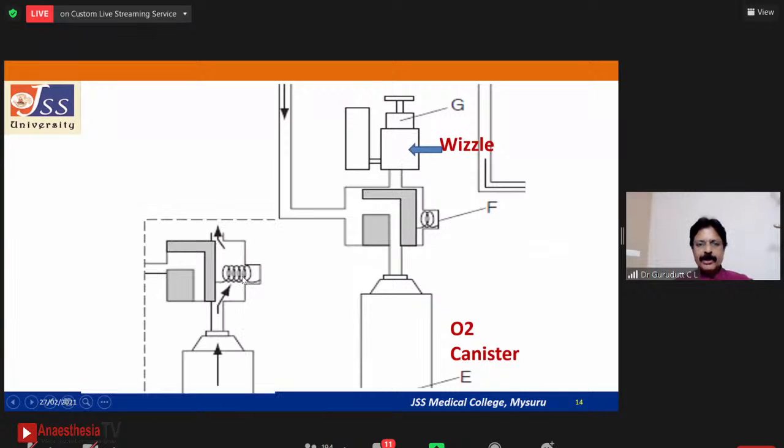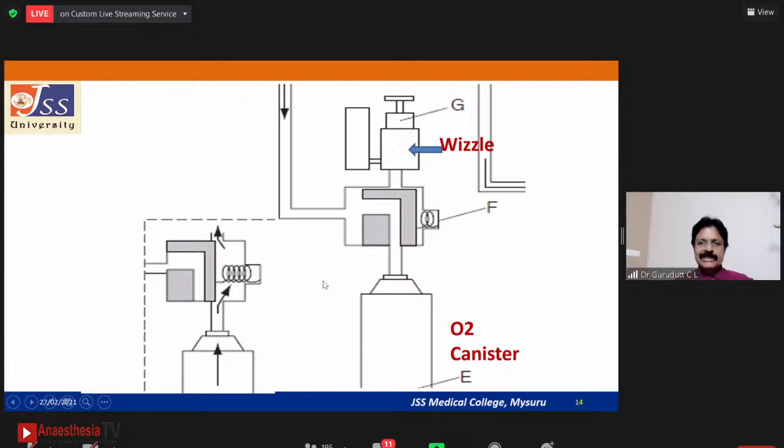Whenever the pressure drops, the spring will push the valve seat away from the canister, so there is a direct connection between the canister and the whistle, and the whistle will start to blow. So this was the pneumatic type of low pressure oxygen alarm.